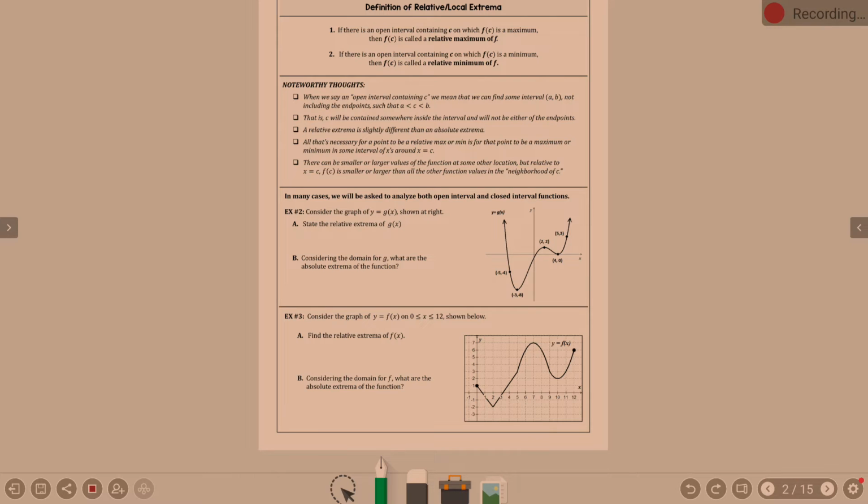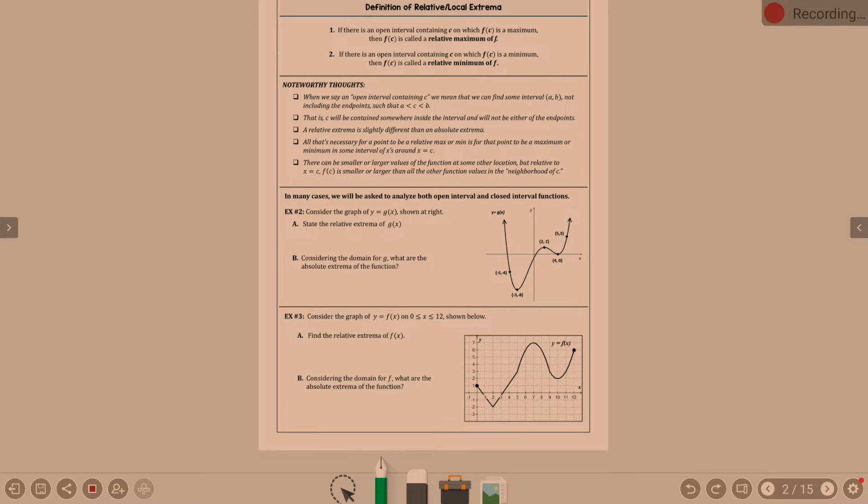Okay, so just in that little piece of the graph. There can be smaller or larger values of the function at some other locations, but relative to point C, f of C is smaller or larger than all the other function values in the neighborhood of C.